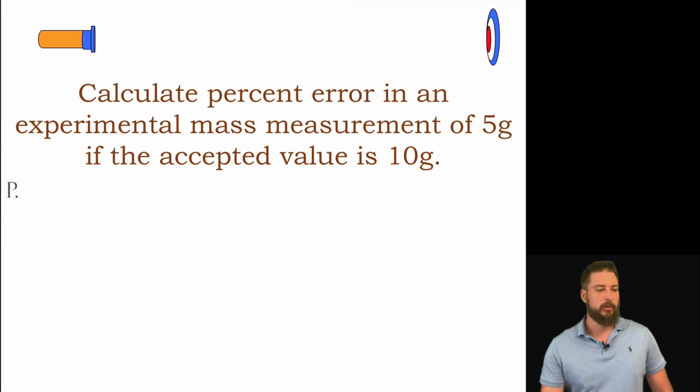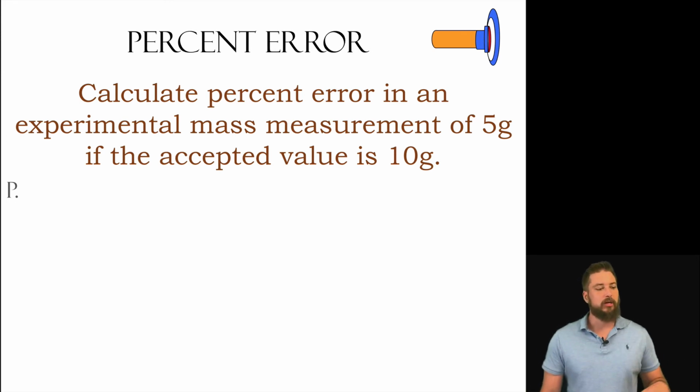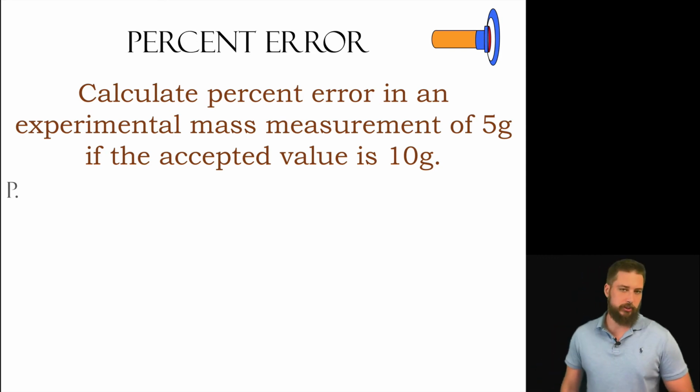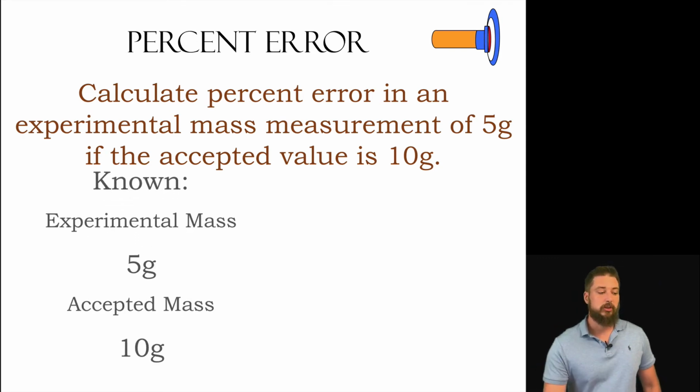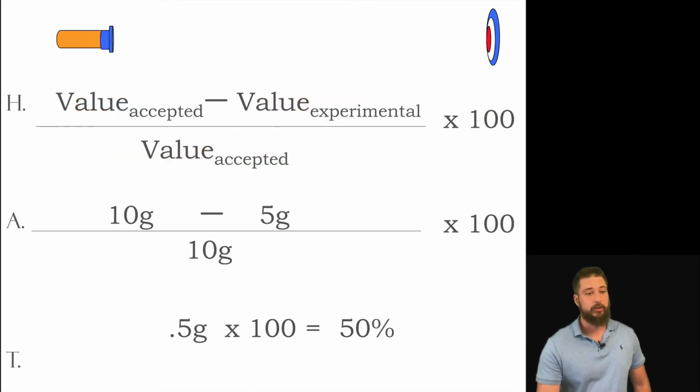Now, we're going to go ahead and calculate the percent error of an experimental mass of 5 grams when the accepted value is 10. And so if you take a look, the known is the experimental value is 5, the accepted is 10, and so let's go ahead and calculate the percent error.